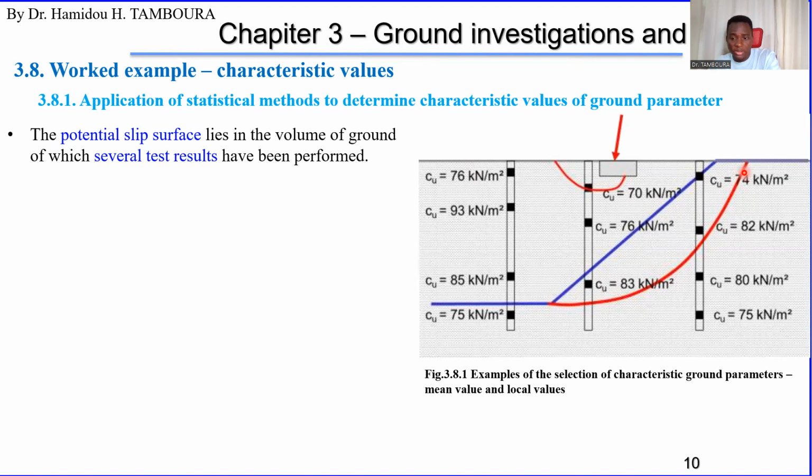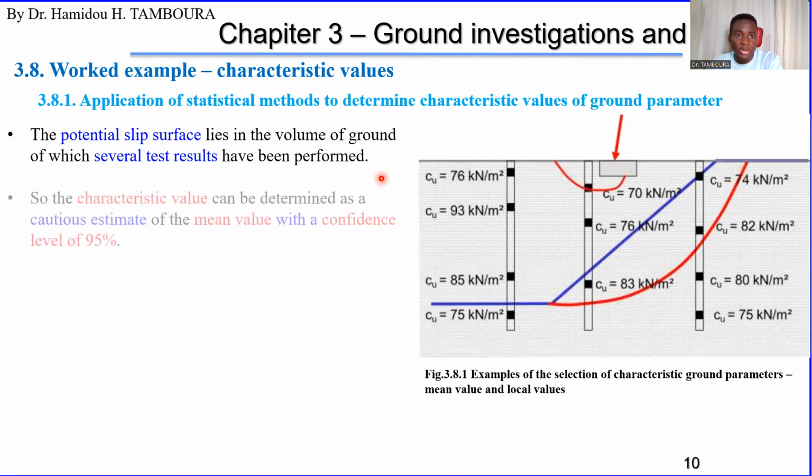Okay. After identification of this potential slip surface, you can see that this slip surface is passing through several test results. Almost all of them. So the potential slip surface lies in the volume of the ground in which several test results have been obtained.